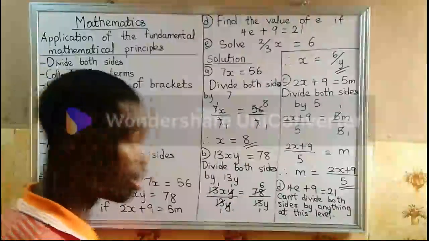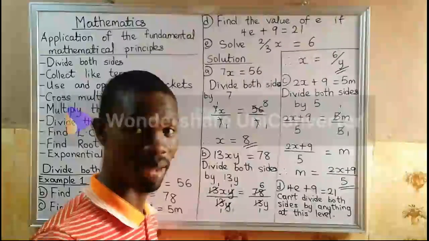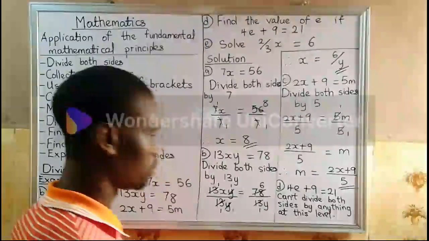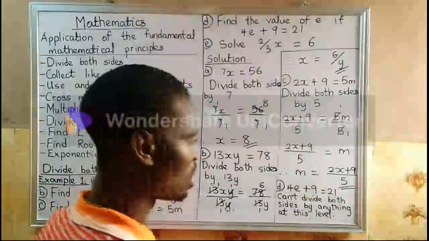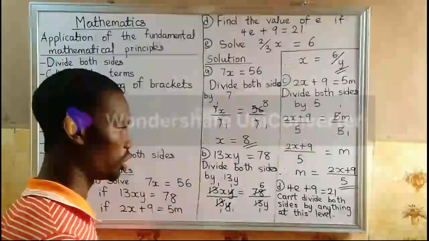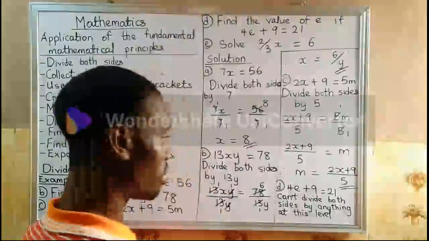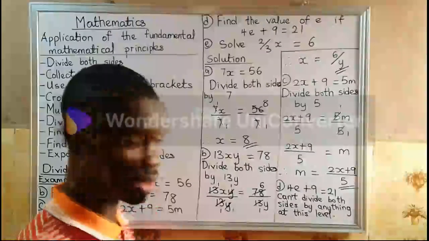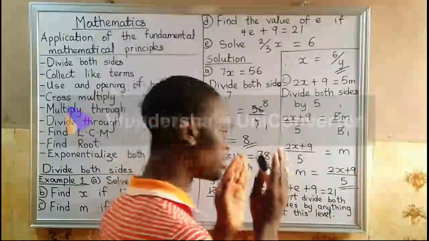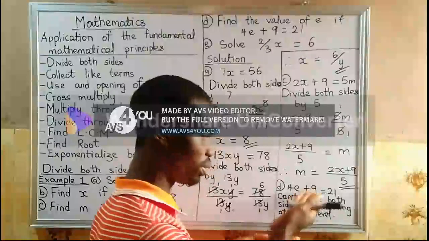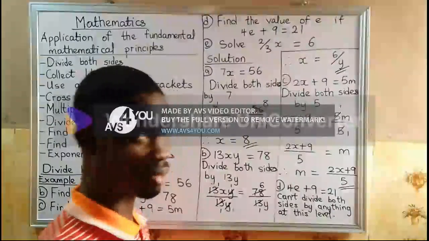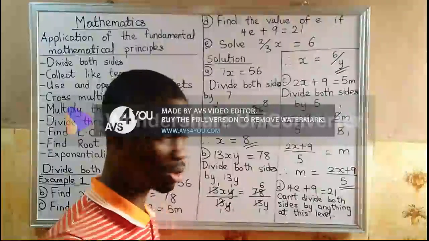So you cannot divide both sides by anything at this level, at this stage of solving these equations. When you get here, you can't. Why? Because 4E, which is the term containing the variable E we are looking for, is not alone here. Plus 9, the term 9 is also with it, so you can't. But that doesn't mean the question cannot be solved.